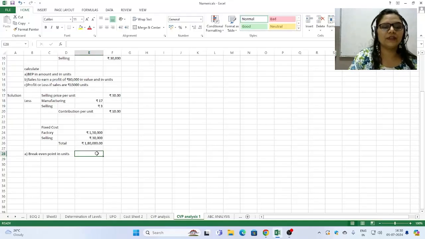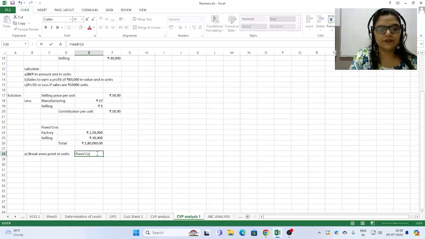First of all, we will calculate break-even point in units. It will be fixed cost divided by contribution per unit.